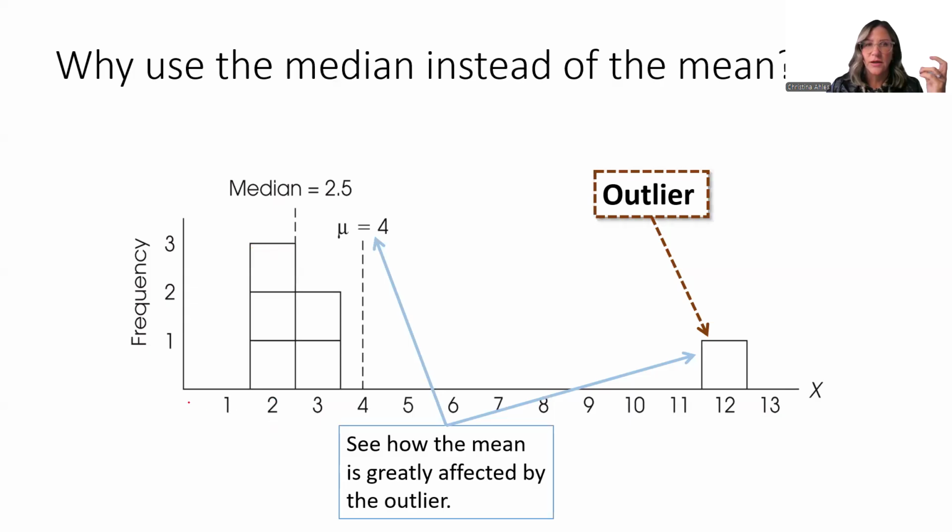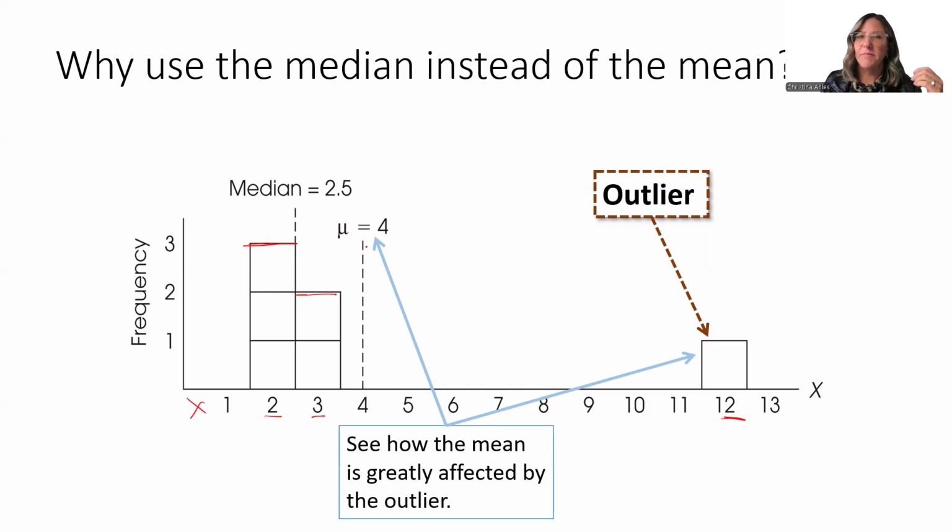Here are our X values. Three people, because the line right here is at two. And then we have two people that scored three. But then we have one person over here who scored 12, because here's 12 under that. So notice this is the score three, this is two.